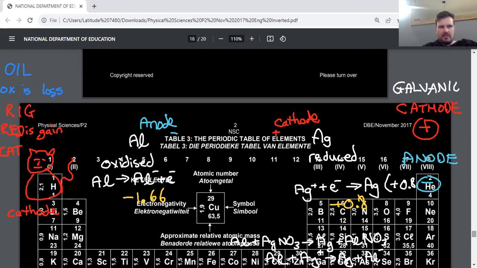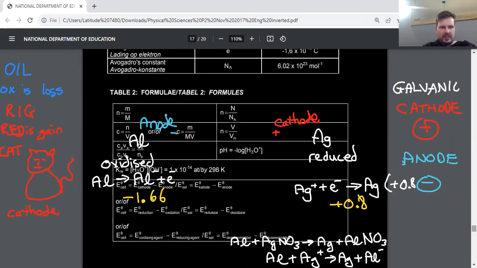So now when we go up, there is an equation there that says E cell equals E red minus E oxidation. Well, remember red is red cat, right?